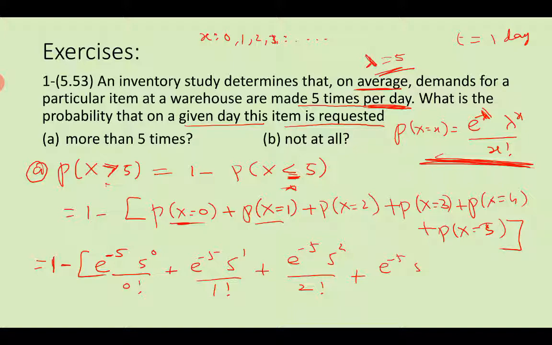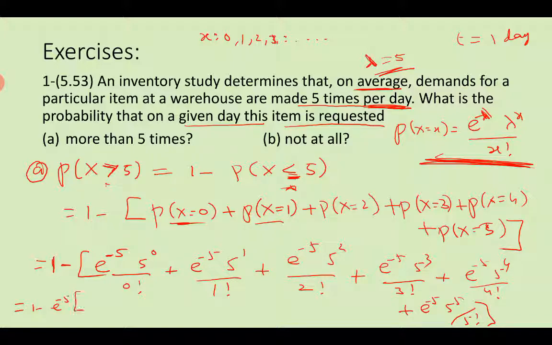Next, x equal to 3: e raised to minus 5, 5 cube divided by 3 factorial. Then e raised to minus 5, 5 to the power 4 divided by 4 factorial. And finally for x equal to 5, e raised to minus 5, 5 to the power 5 divided by 5 factorial.